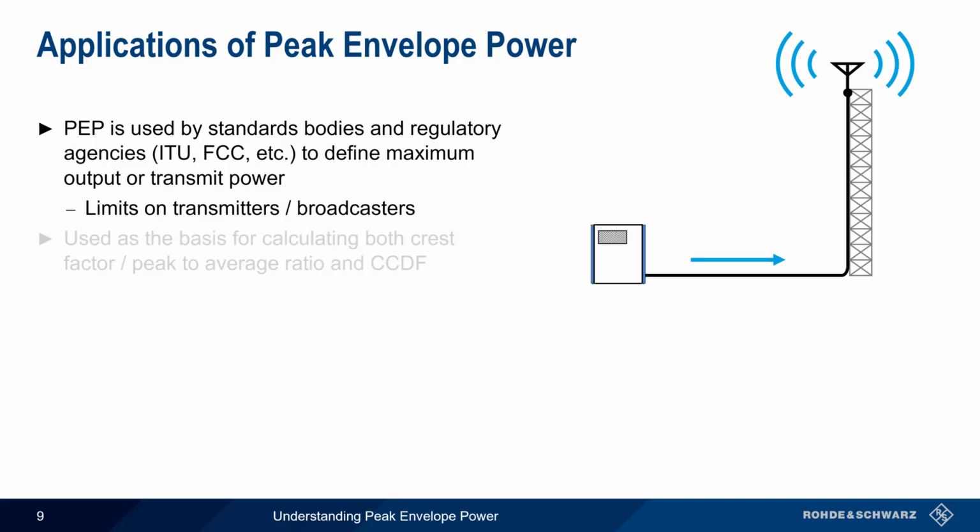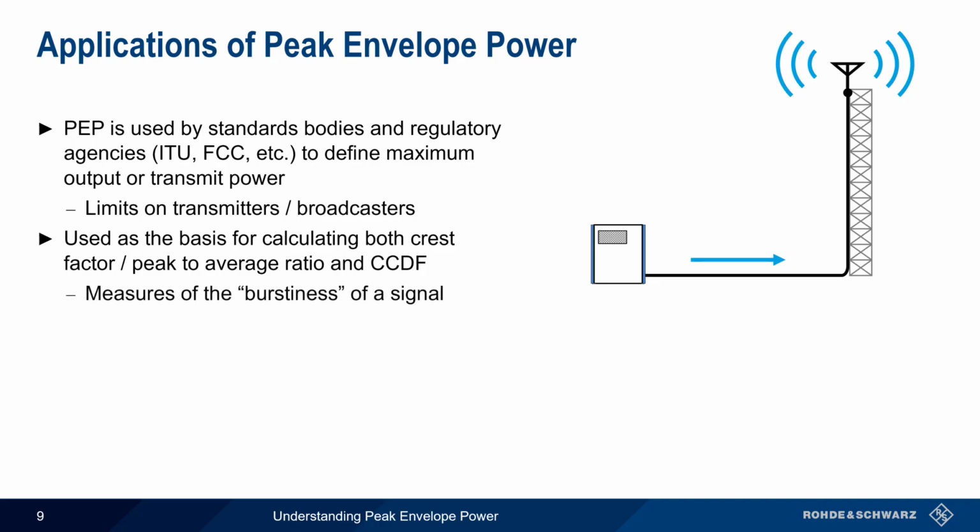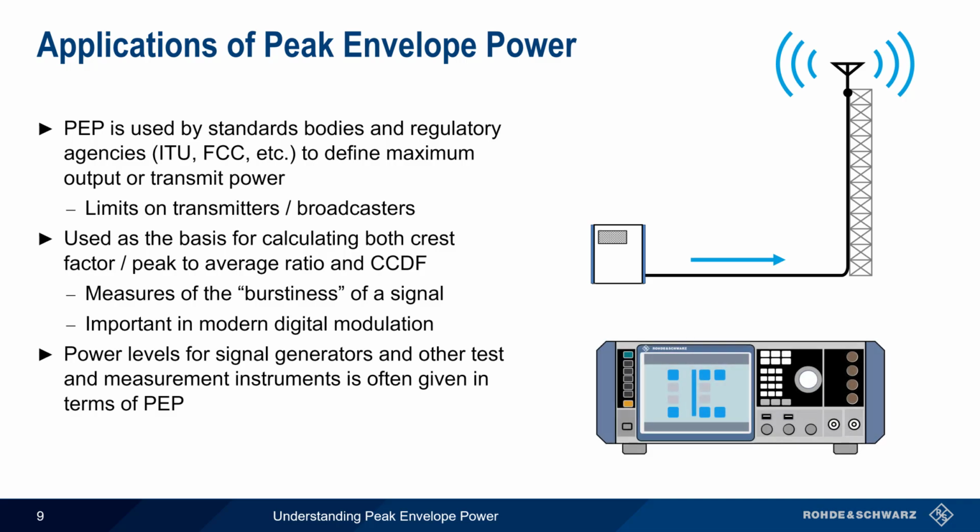Peak envelope power is also used as a basis or reference for calculating other power-related quantities, such as crest factor, peak-to-average ratio, and the complementary cumulative distribution function, or CCDF. These are all measures of the burstiness of a signal and are particularly important in modern digital modulation schemes. And finally, many test and measurement instruments use peak envelope power when indicating power levels, for example, the output of a signal generator.